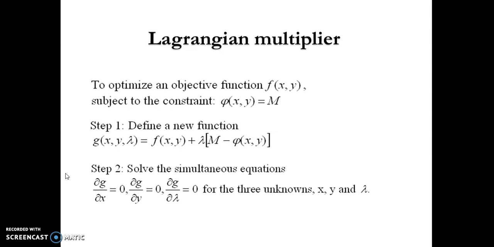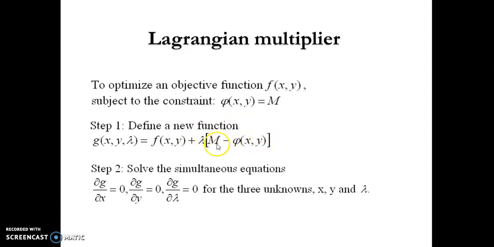Now, the steps that must be followed is, firstly, you need to define a new function. And your new function is a function of three variables, x, y, and lambda. So, of course, your x, y would become labor, capital, and lambda. And it is equal to the objective function plus lambda, and then this portion represents the constraint that was set equal to 0.